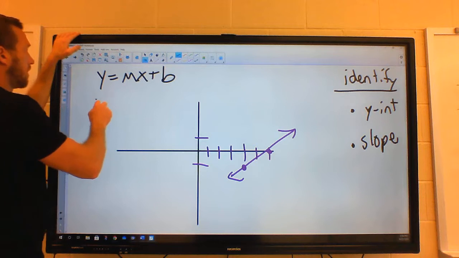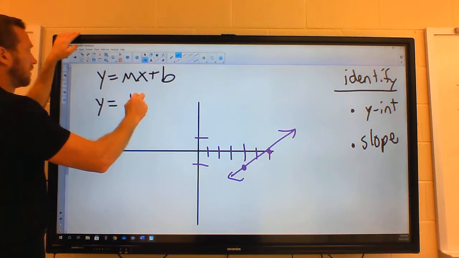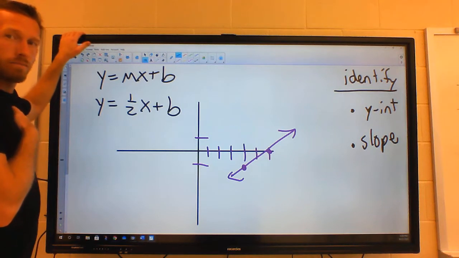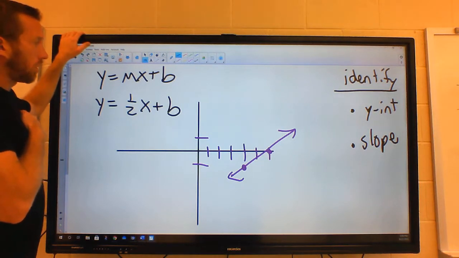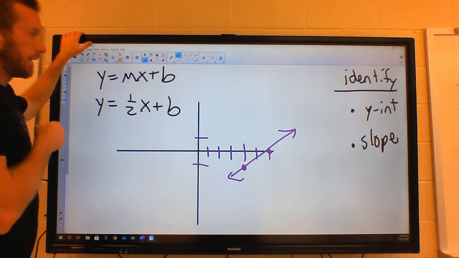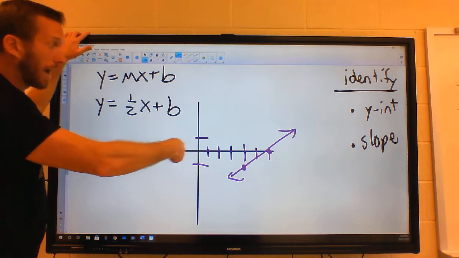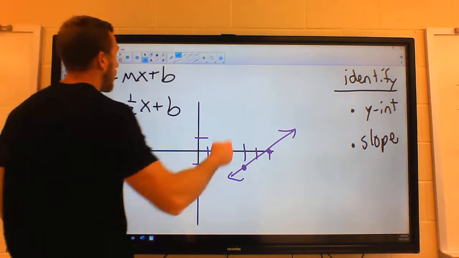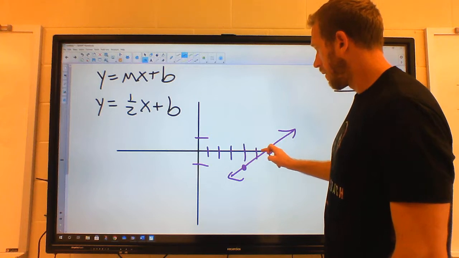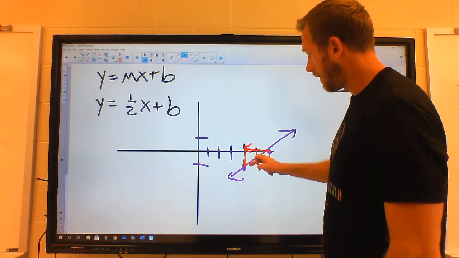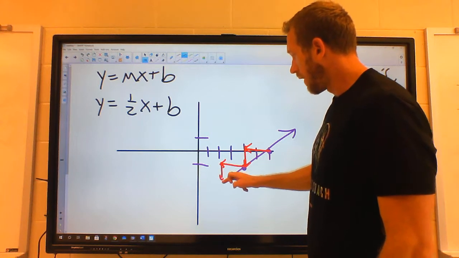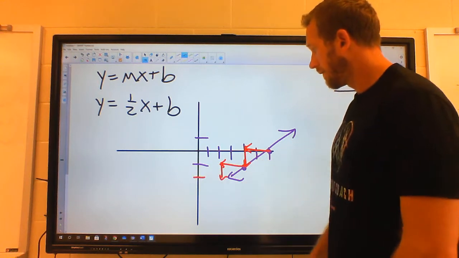That tells us what our m value is, correct? So we can already identify that. Okay. And now what we can do is we can count backwards to try to find the y-intercept. Just like we can go left 2, down 1, we can go left 2 more, down 1, takes us to this height.